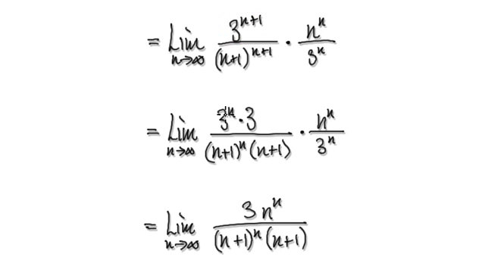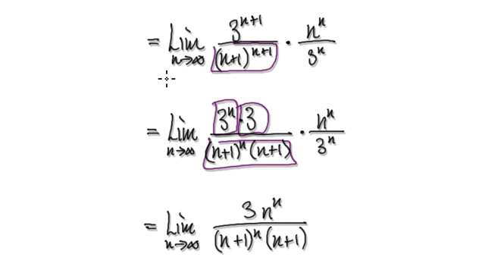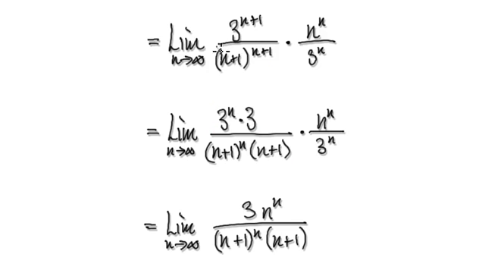Visualize this as one block multiplying another block. And then this thing here, visualize this thing here as this, because if you have whatever to the power of n plus 1, that's the same as whatever to the power of n times whatever to the power of 1.